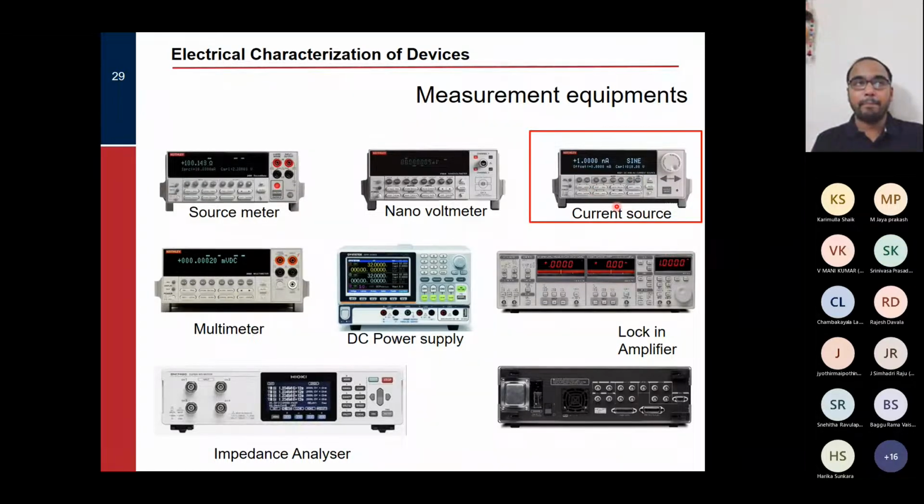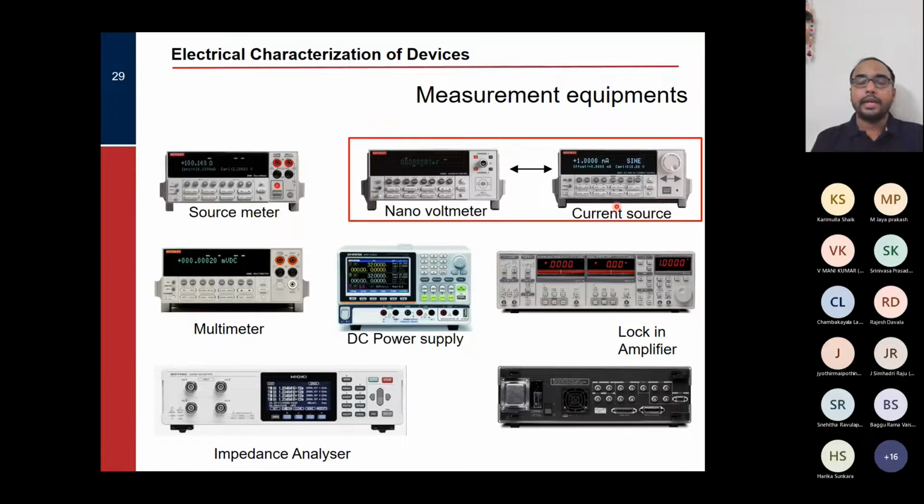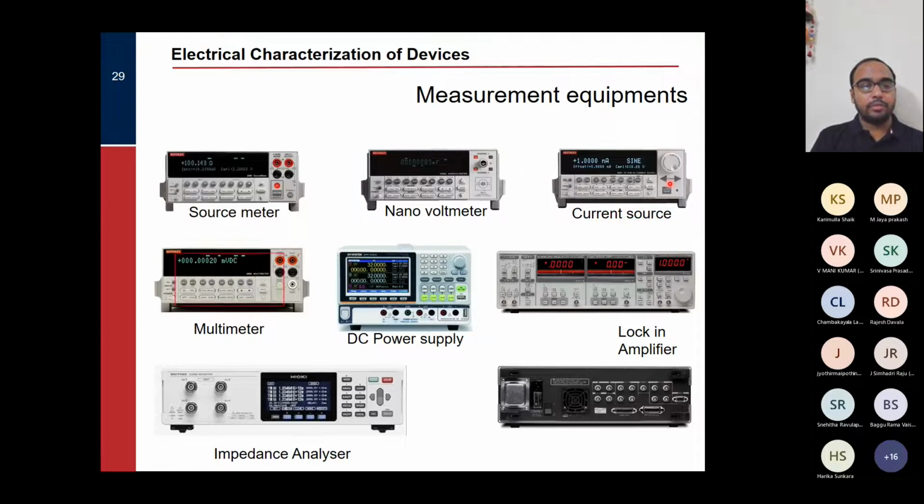It can supply uninterrupted current, let's say up to 100 milliamp. If I use these two in combination, then I can use them for a 4-probe measurement, and I can do something called a delta mode measurement, or differential conductance measurement, that is dI/dV.